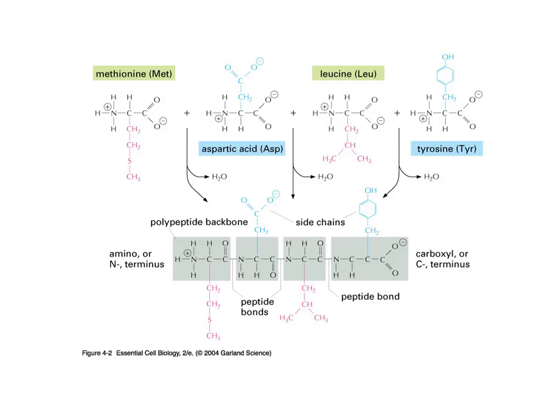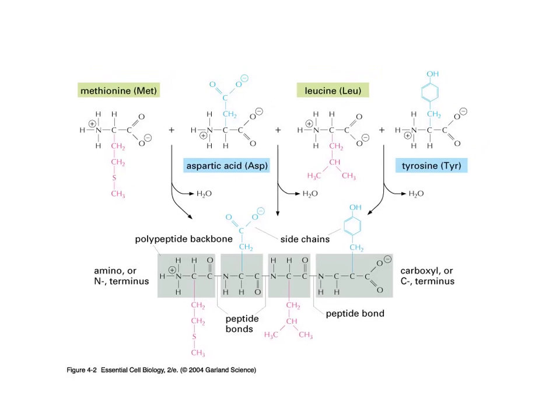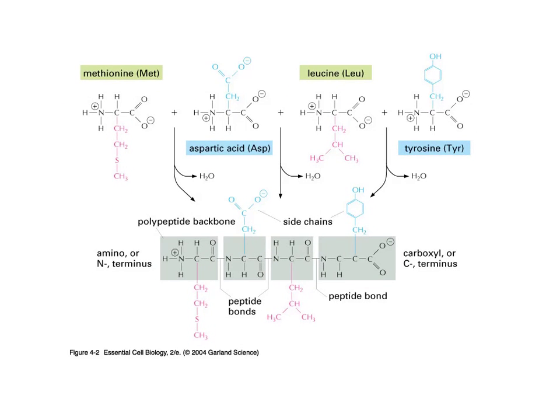Now you have a polypeptide, a bunch of amino acids, 4 in this case, connected by peptide bonds. This polypeptide has a carboxyl group at one end and an amino group at the other end. So you have a C terminus and an N terminus, the N, of course, being for the amino and the C for the carboxyl.